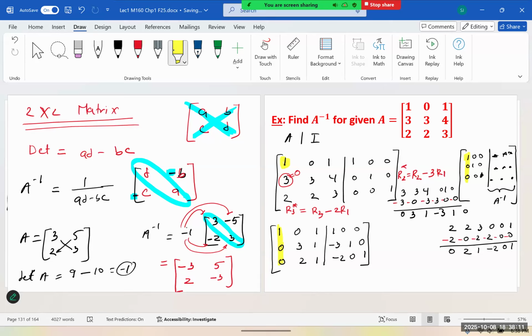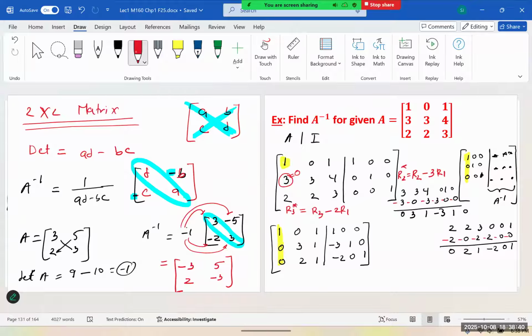So we go and do the next one. We can change 3 or you can change 2. We can do this one by one. So again, I don't want to work with fractions.